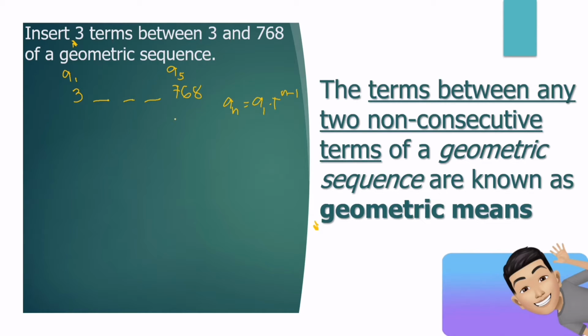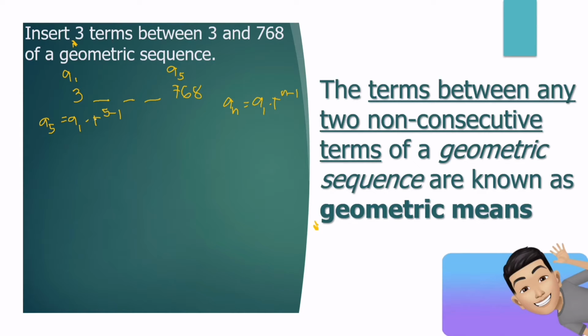A sub 5 equals A sub 1 times R raised to 5 minus 1.